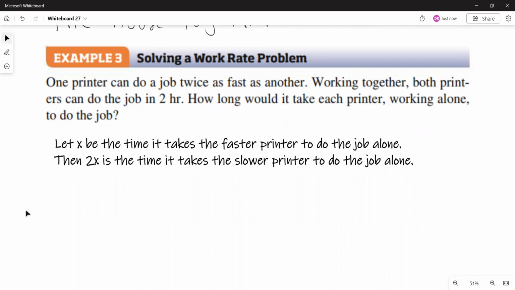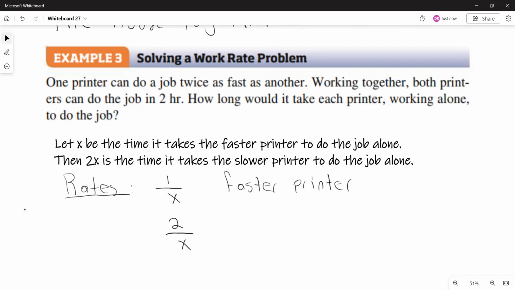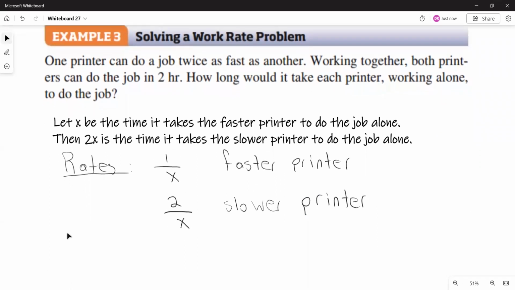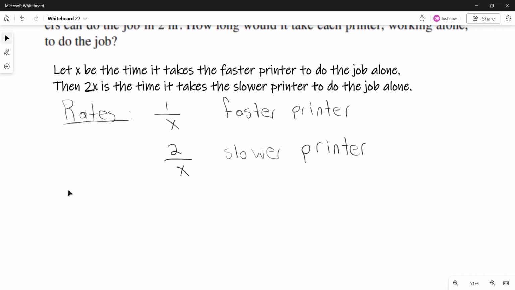So the rates are going to be 1 over x, the rate of the faster printer, and 1 over 2x, the rate of the slower printer. We know that working together, they can do the job in 2 hours.